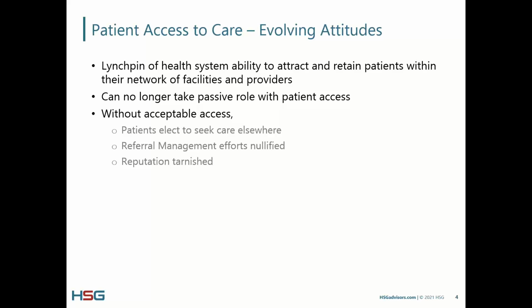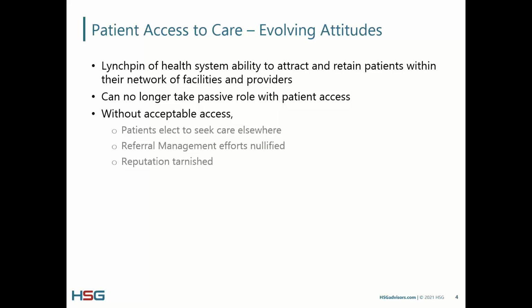Without acceptable access, patients will seek care elsewhere. The loyalty to individual providers or to health systems and employed networks is diminishing with the younger generations, but even with the more established older generations. Patients will seek care elsewhere if timely, convenient access to care is not available in their primary preferred provider network.